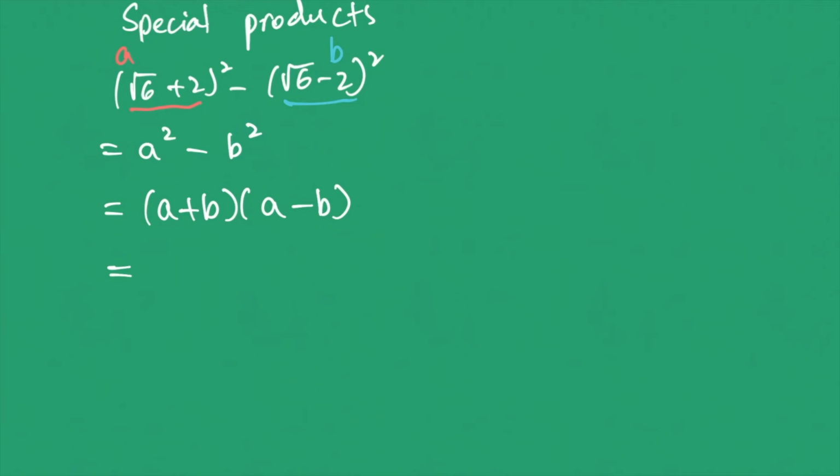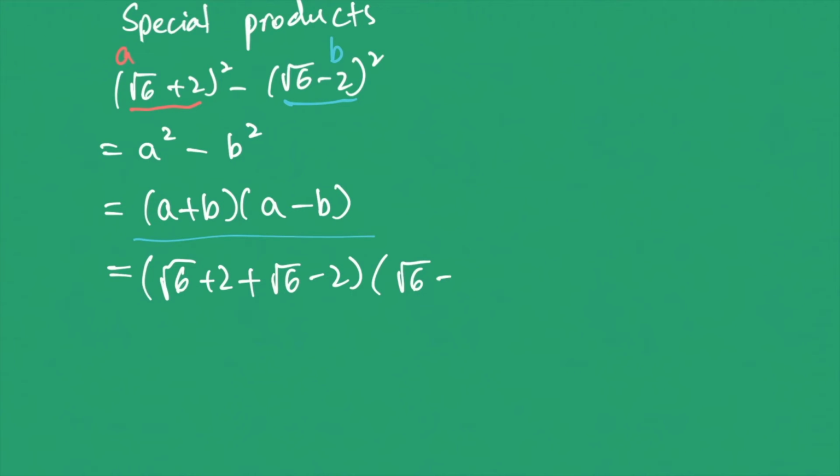Then we can insert square root 6 plus 2 and square root 6 minus 2 into this formula, which we will get (square root 6 plus 2 plus square root 6 minus 2) times (square root 6 plus 2 minus square root 6 minus 2).